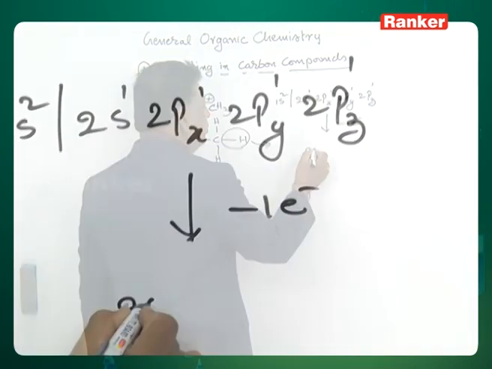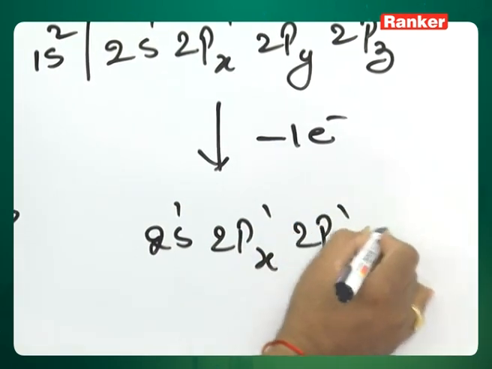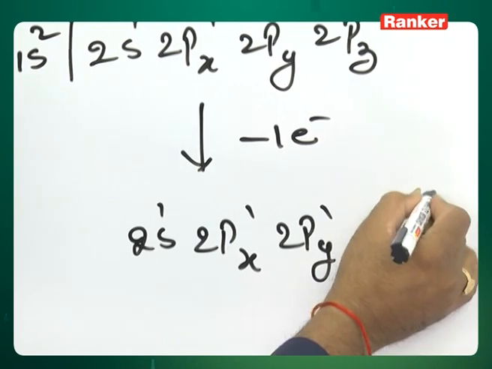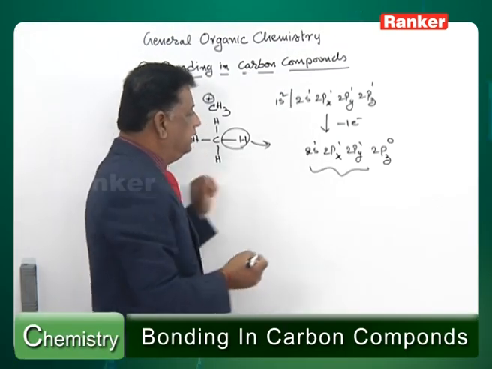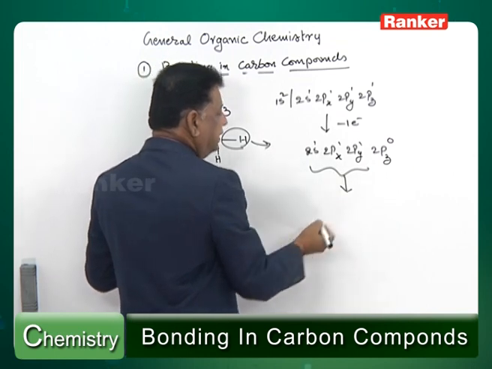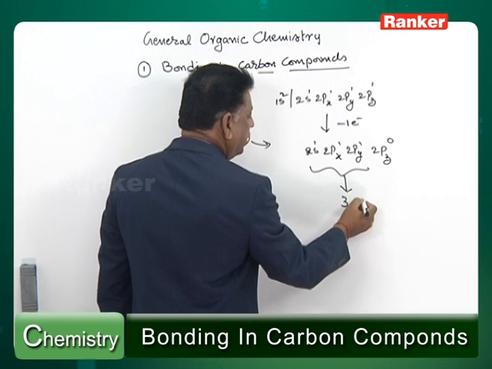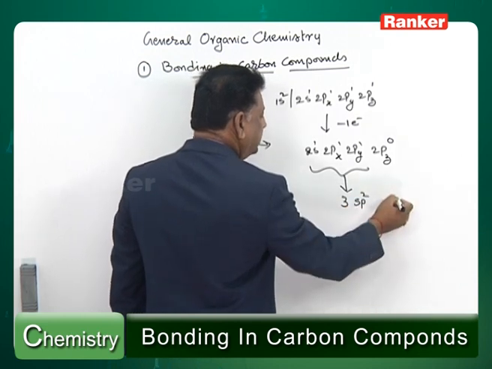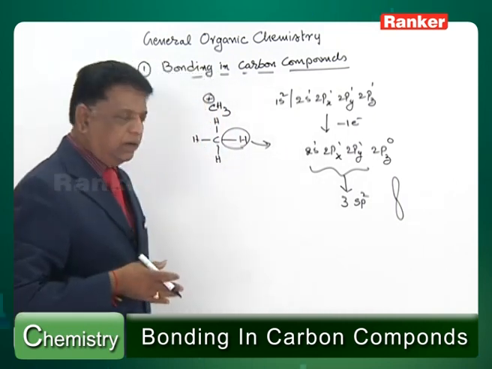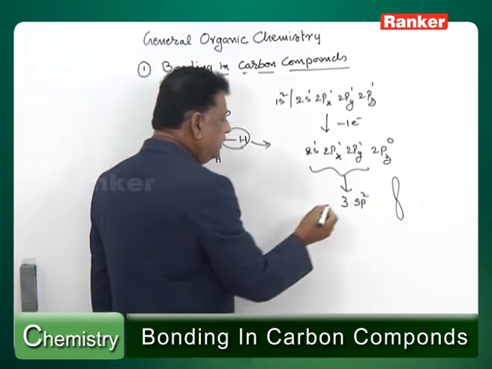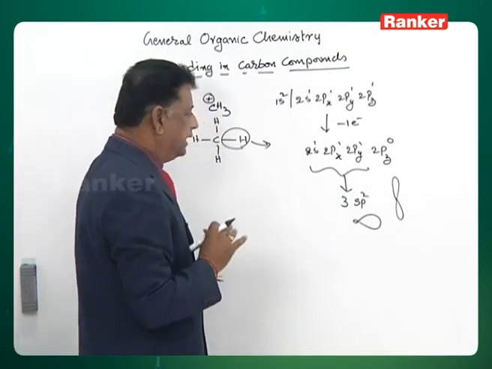So, you will have 2s1, 2px1 and 2py1, 2pz0, no electron. So, it is going to make 3 bonds only, therefore, these 3 undergo hybridization producing the 3 sp2 hybrid orbitals. That pz will be intact, it will be dumbbell shaped and it is a vacant orbital with no electron, and these 3 will be mixed with s and p character.